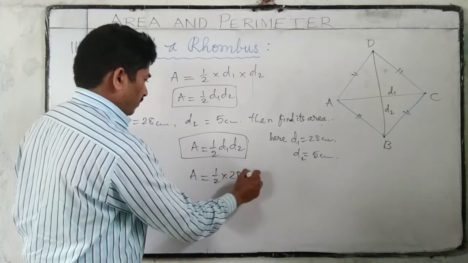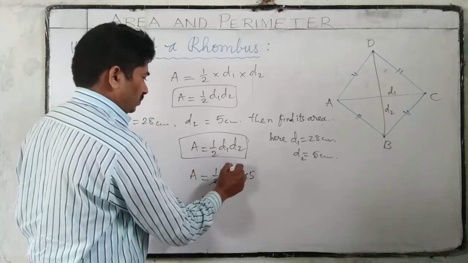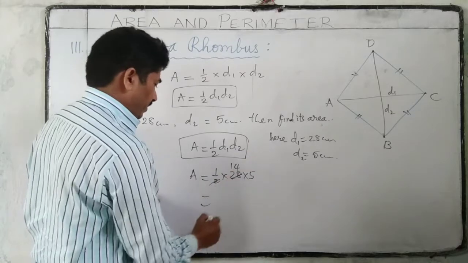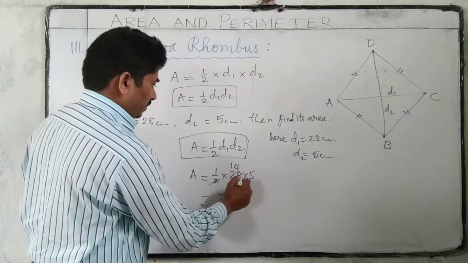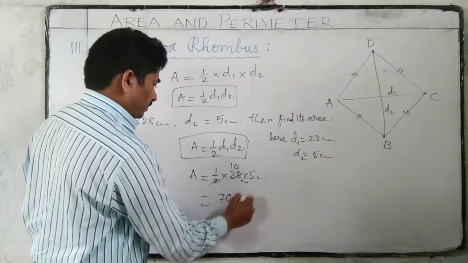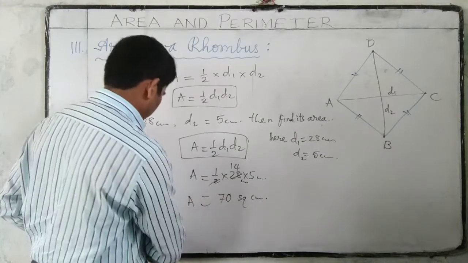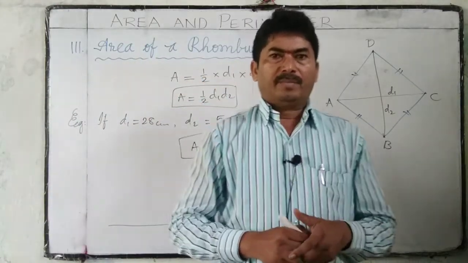Half into 28 into 5. 2 ones are 2, 2 fours are 8, 14 fives are 70 square centimeters. This is the method of finding the area of a rhombus.